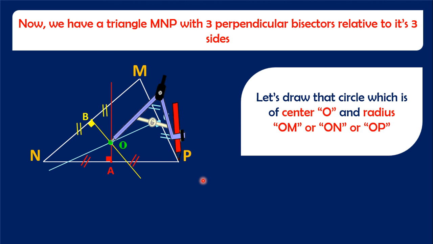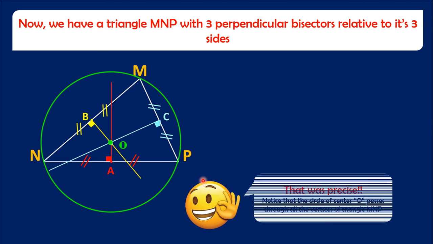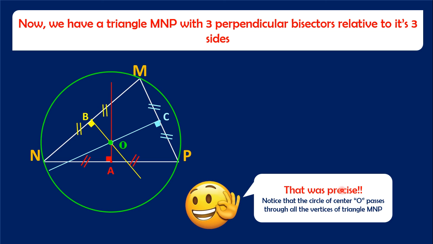We bring the compass and we draw that circle. That was so precise. Notice that the circle of center O passes through all vertices of triangle MNP. It passes through M and N and P.